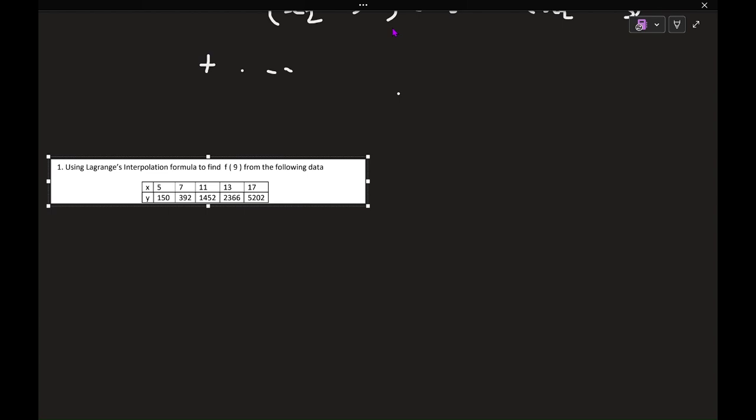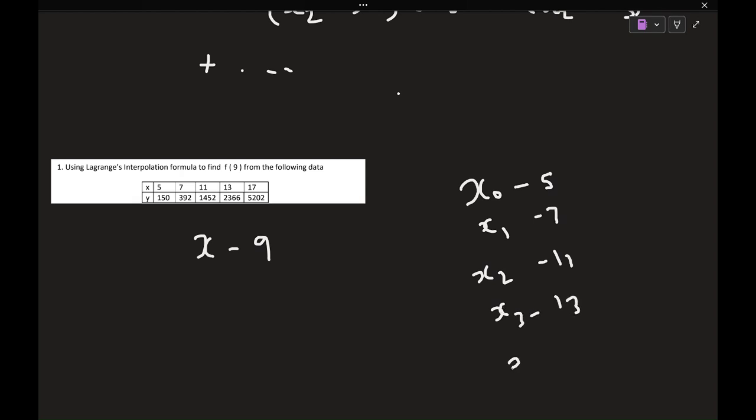Okay, so in this question, I need to find f of 9. Since I need to find f of 9, that means x is 9. I have every value written here. I'll just write it down to make it easier. x0 is 5, x1 is 7, x2 is 11, x3 is 13, x4 is 17.